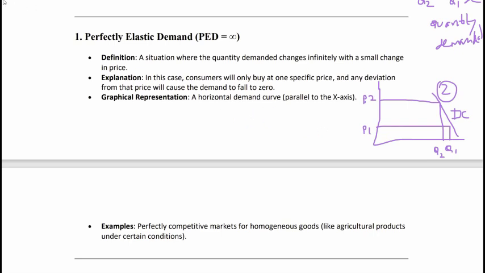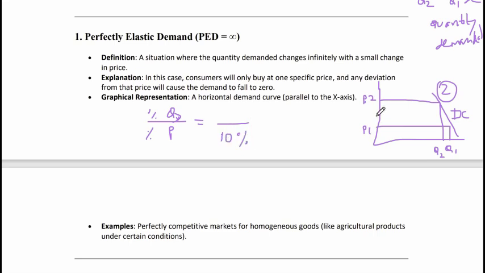So we have the percentage change in quantity demanded upon the percentage change in its price. Here we know that the price has changed much. So let's say the price has changed by 10%.